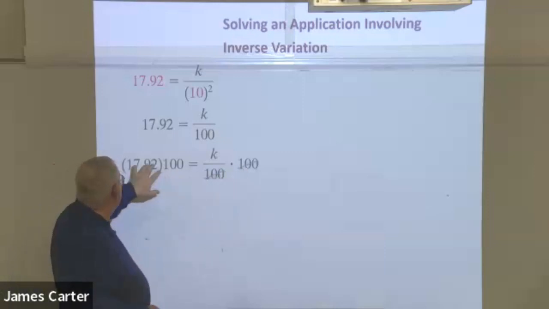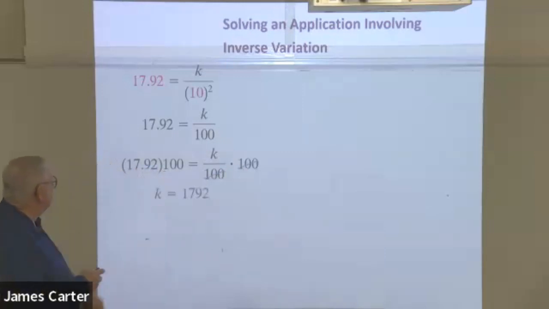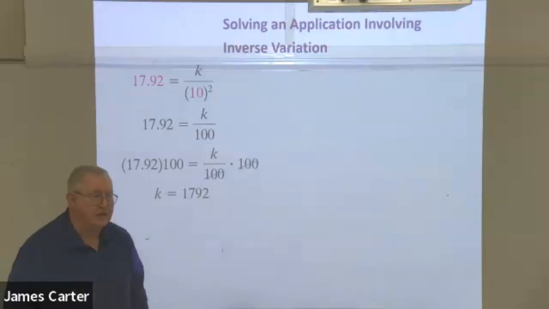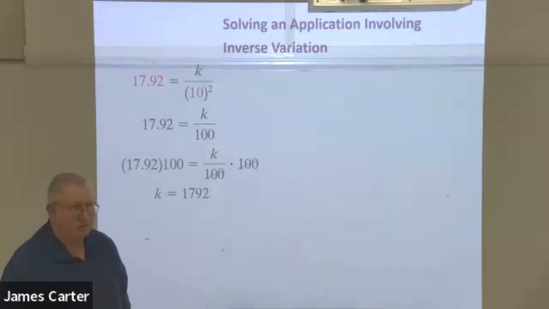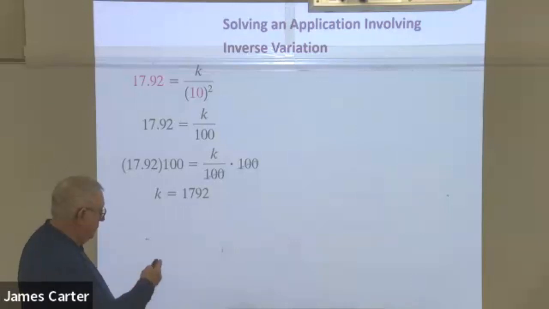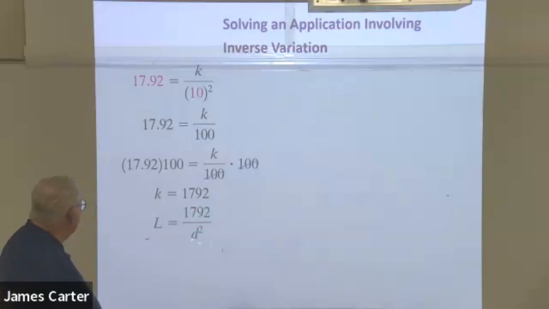Those two cancel, and over here, I end up with that many decibels, and that is loud. Now, that isn't the decibels, that's the constant. So anyway, here is the constant over the distance.